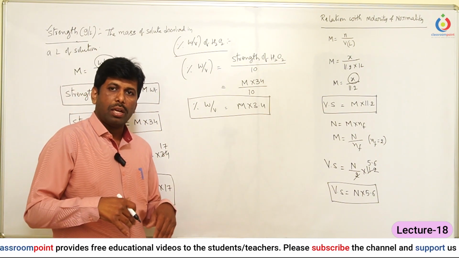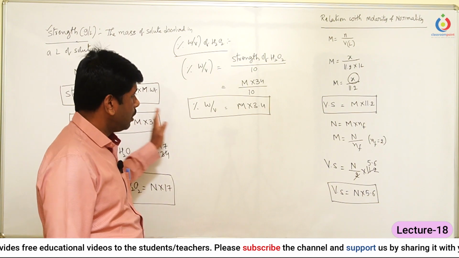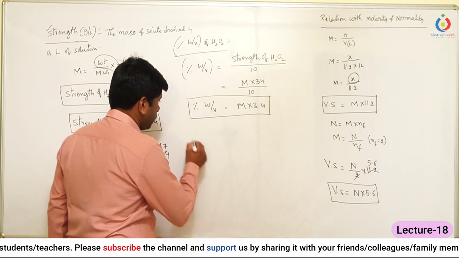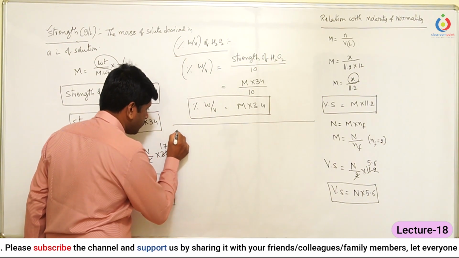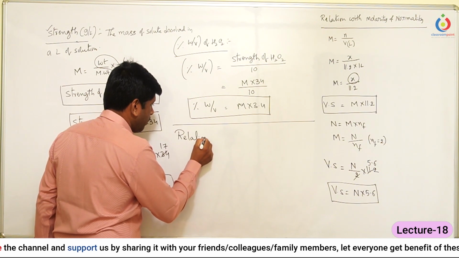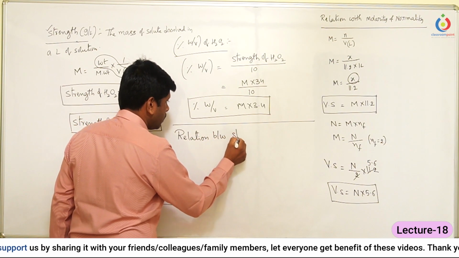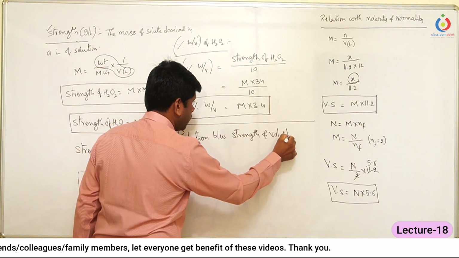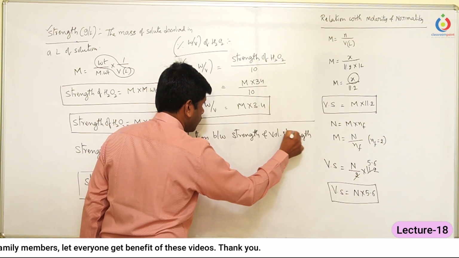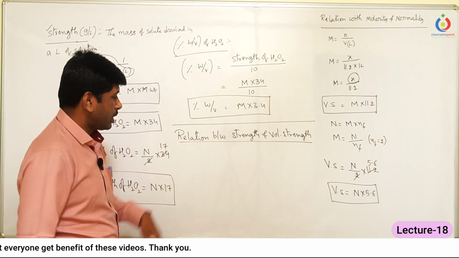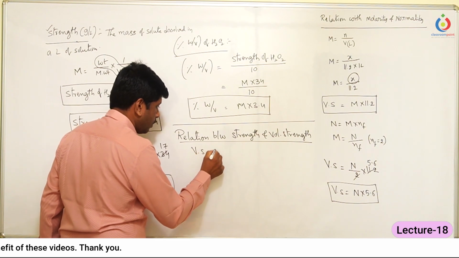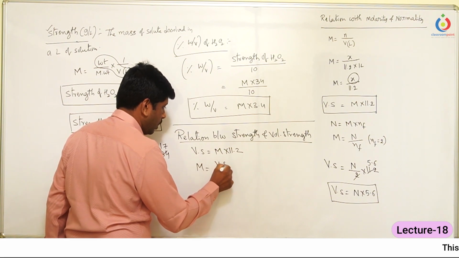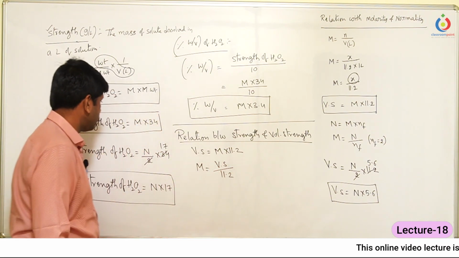Now, let us try to make another relation, how this strength and volume strength are related. So, let us see here, the relation between strength and volume strength. Volume strength is equals to molarity into 11.2. So that molarity equals to volume strength divided by 11.2.